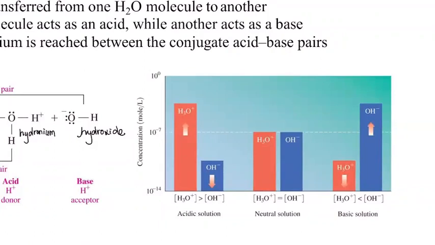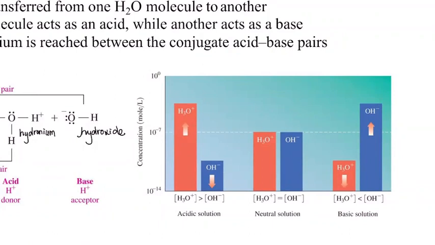In studies in which water was being studied, we saw instances in which there are different concentrations of hydronium and hydroxide, or when hydronium and hydroxide are at the same concentration. Those studies of water gave rise to understanding what is an acidic solution versus a neutral solution versus a basic solution.